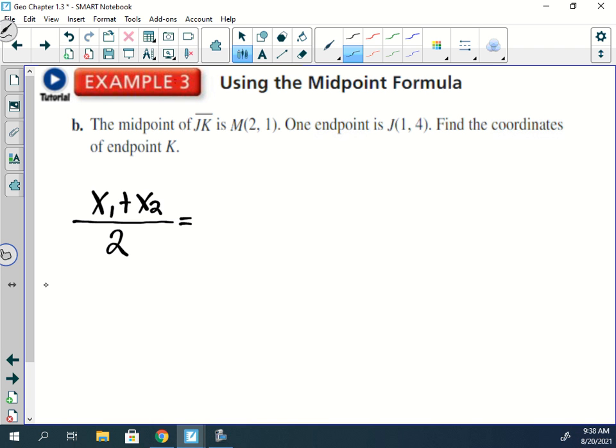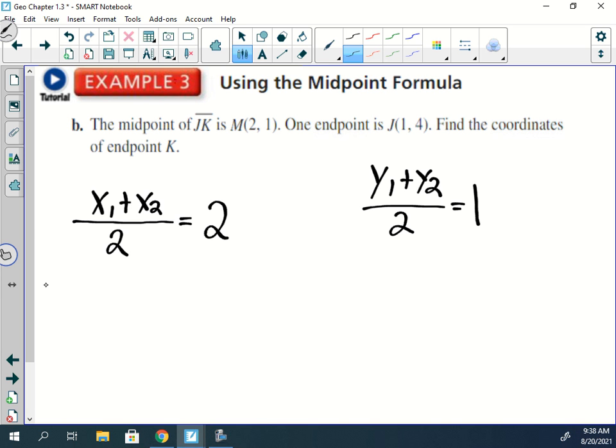But they already told me what the x value of the midpoint is, and it is 2. So if I plug the two endpoints in, this here will equal 2, yes? And if we did the same thing for the y's, y1 plus y2 divided by 2, I would get 1. Because it already told me what the midpoint is.